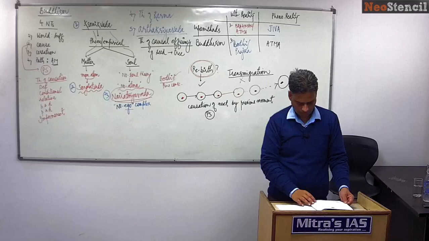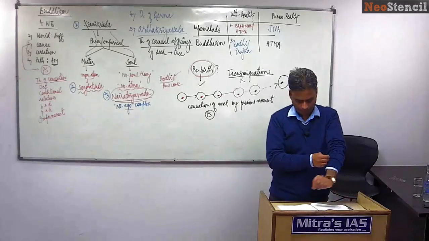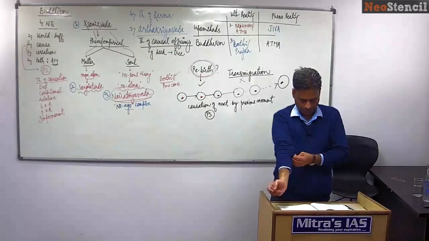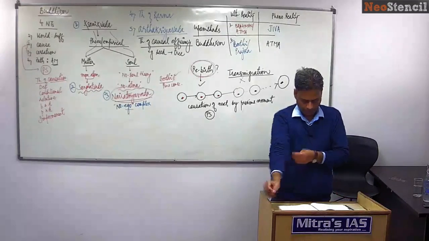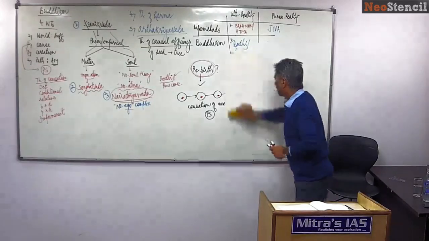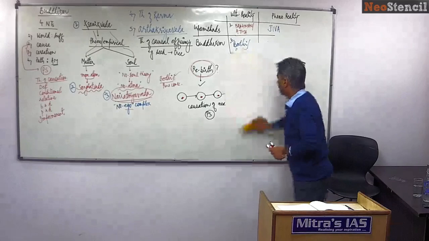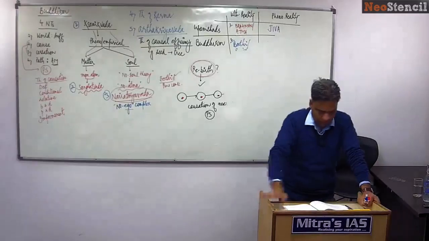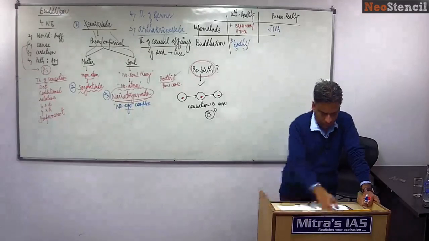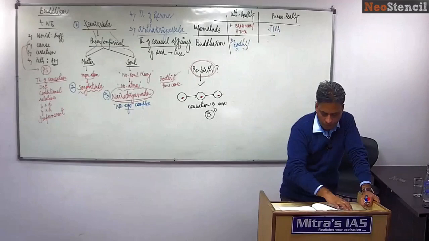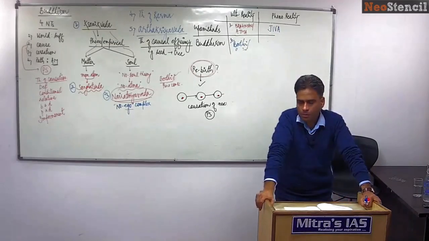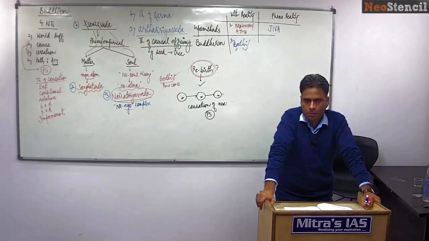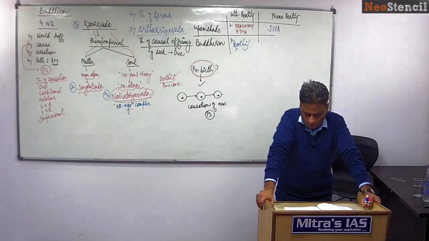Now let us take down some points. I think Pratyata Samutpad we have already written, right? Now give Kshanikvad. It is the Buddhist theory of momentariness. Next point.